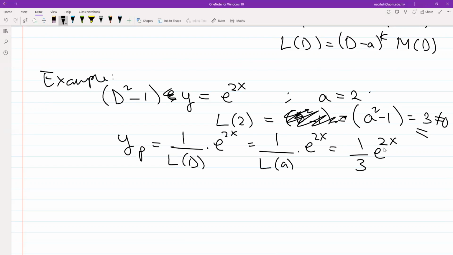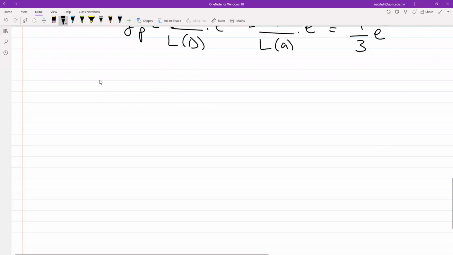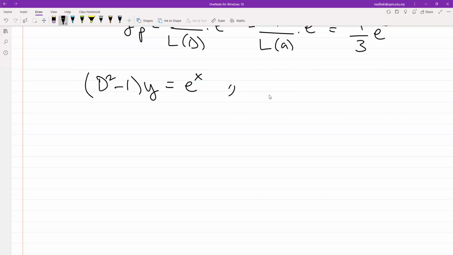Okay, let's say I change (D squared minus 1) y equals to e^x without 2. So in this case, a equals to 1. So L of 1 is 1 squared minus 1, which is 0. So saya tak boleh nak guna yang apa ni direct inverse.